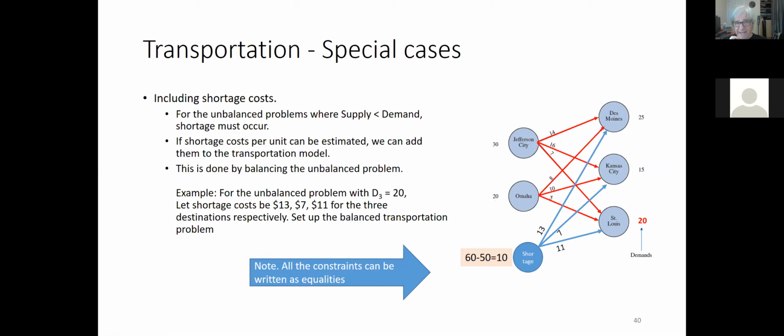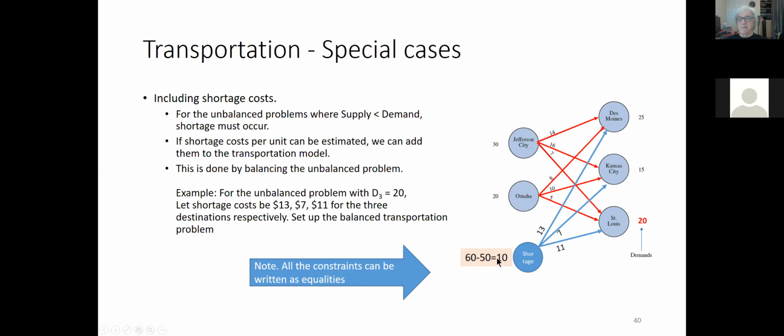And how do you do it elegantly? Add a new supply called shortage. Call this shortage. You pretend you ship the shortage. You even know how much it costs you to ship a unit in short.